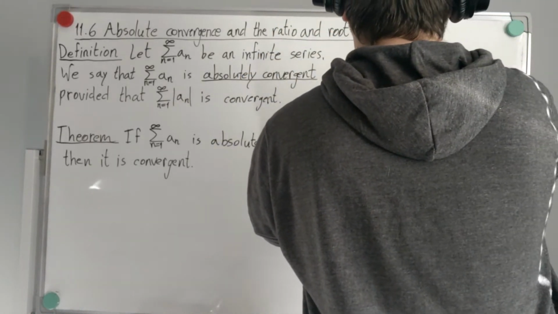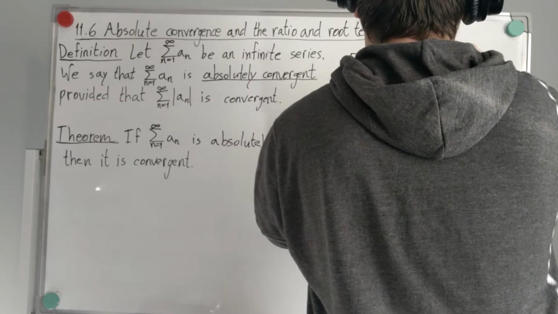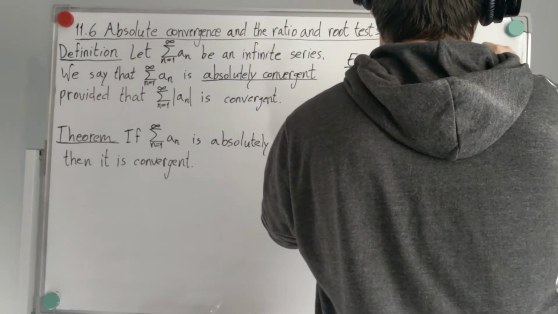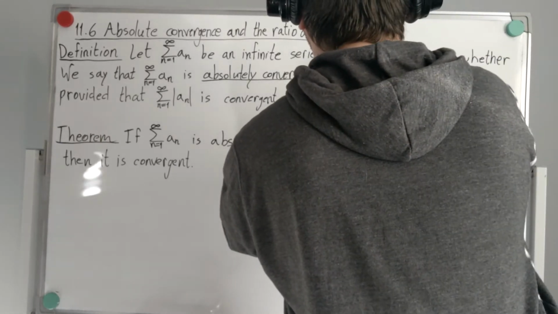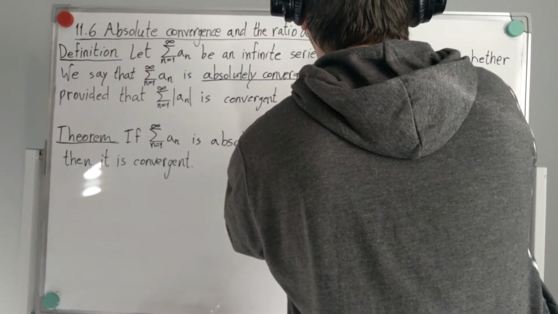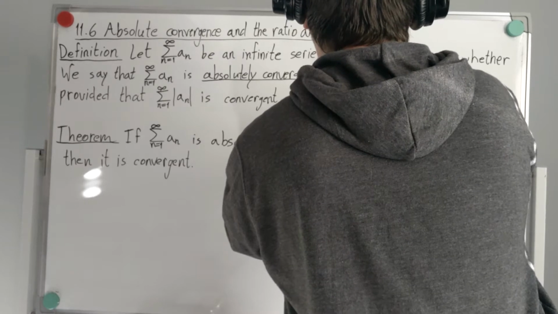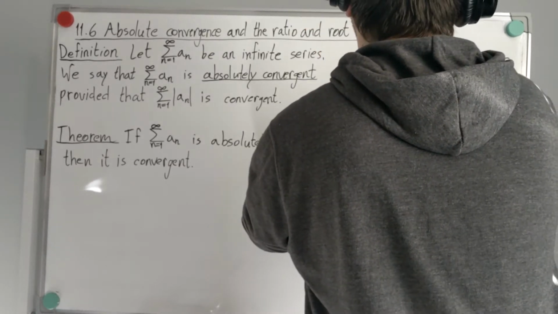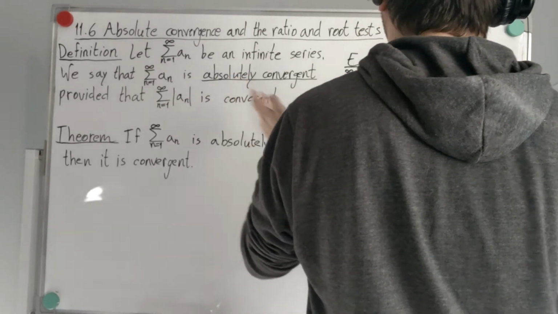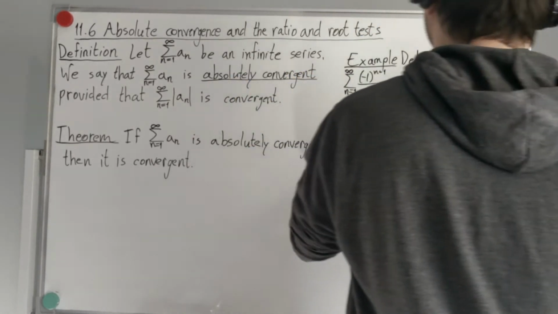We want to determine whether the sum from n equals 1 to infinity of (-1)^(n+1) over n is convergent or divergent, let's say. Or let's actually say absolutely convergent.